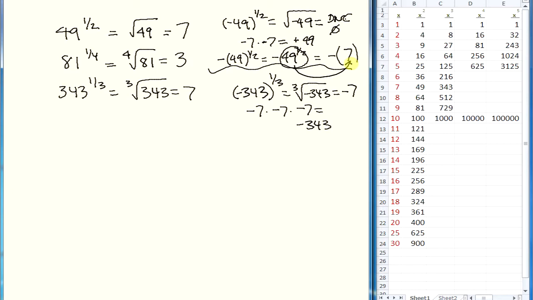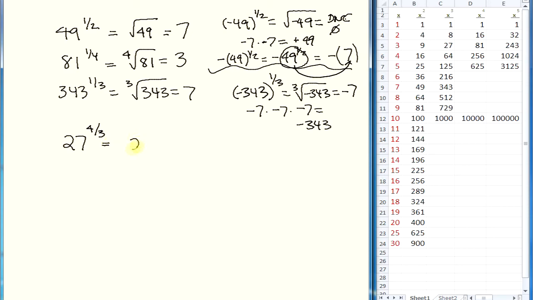Now, as we go a little farther, we can start doing some more challenging problems. For instance, let's take a value of 27, and we will raise it to the 4/3. First thing I'm going to realize is 27 is a number I should recognize as a perfect cube.